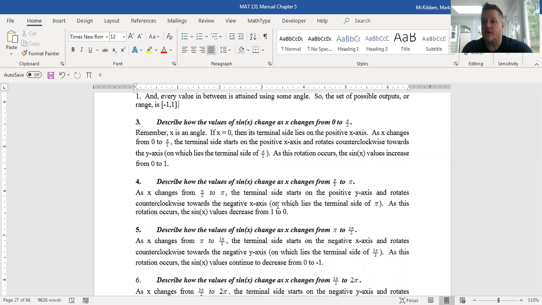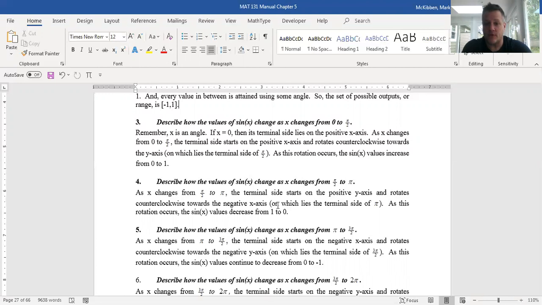At the point (1, 0), the y value is 0 there. Likewise, at pi over 2, the y value is 1. But as theta goes from 0 to pi over 2, the y value changes gradually from 0 to 1.